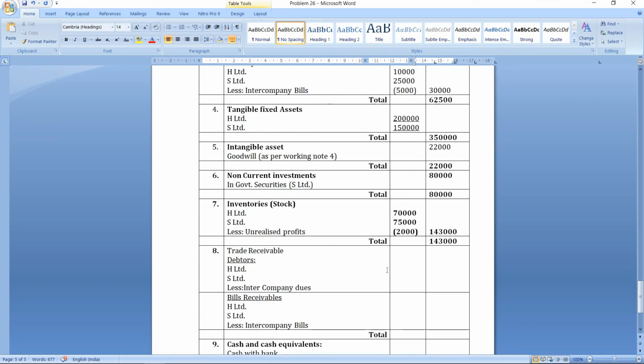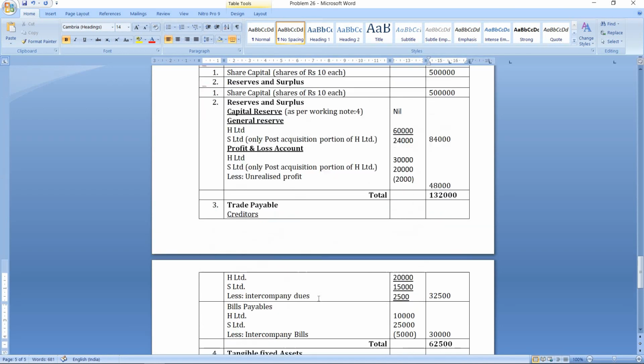Note number 8, debtors of H Limited, which is 40,000, debtors of S Limited 35,000, and intercompany dues 2,500. So the amount of debtors that is to be shown in the balance sheet will be 72,500.